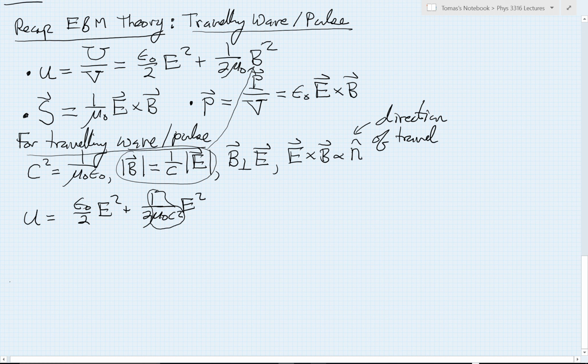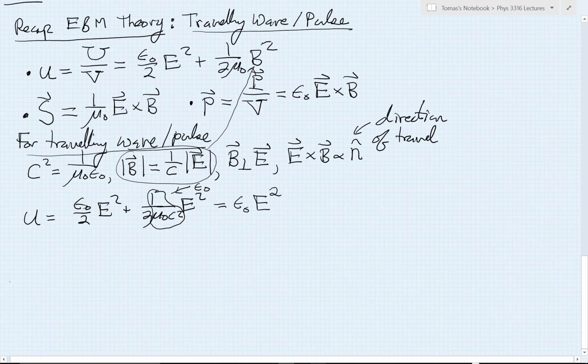So this combination is actually equal to epsilon naught. But then I've got epsilon naught over 2 E squared. It's exactly the same as the first term. I have two equal terms, which just doubles the result and kills my 1/2. So the final result, in terms of just the electric field, simplified down for the special case of traveling waves, is just epsilon naught E squared.